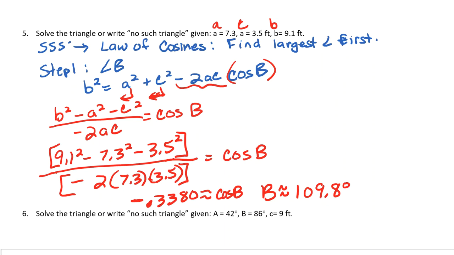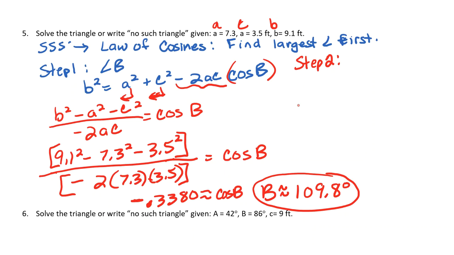The cosine being negative simply tells me that we're in quadrant 2, so we have an obtuse angle B. Nothing wrong with that. So now we're only done with step 1, but we can finish up much more quickly because now we can switch to law of sines. So now we can find either of the other two angles.